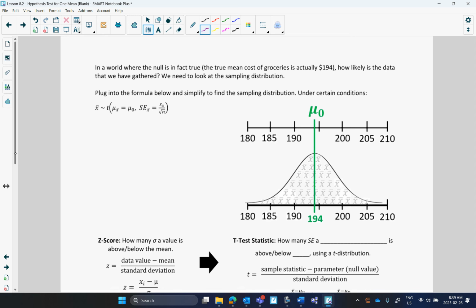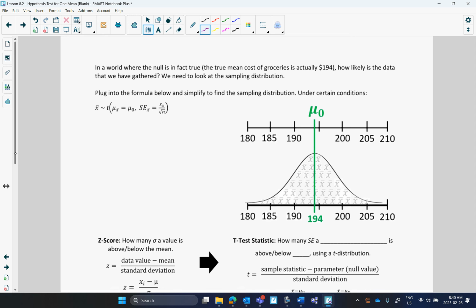So what we want to find, remember, when we're doing a hypothesis test, doesn't matter whether it's a proportion or a mean, we're trying to find that p-value, which is the probability of our sample result, and depending on the question, or greater or less. In this case, it's or greater. So we're basically trying to determine what's the probability that the sample mean was $199.45 or greater.